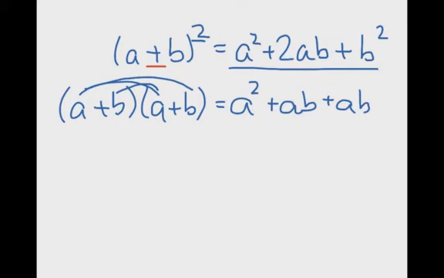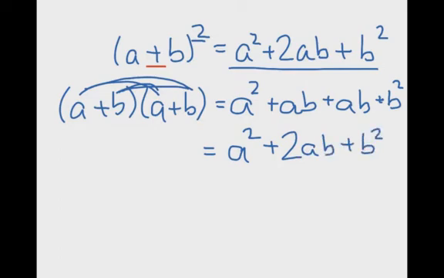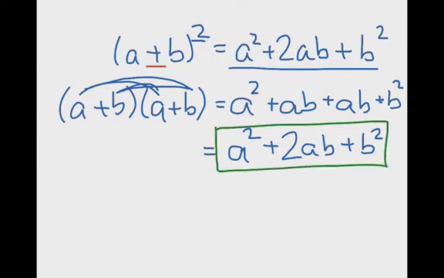And remember, with multiplication, the letters can be in any order, so I could have written b times a rather than a times b. And our last one is going to be b squared. Then we need to simplify and add our like terms, and we end up with a squared plus 2ab plus b squared. That is, in fact, the same answer that we had at the beginning.